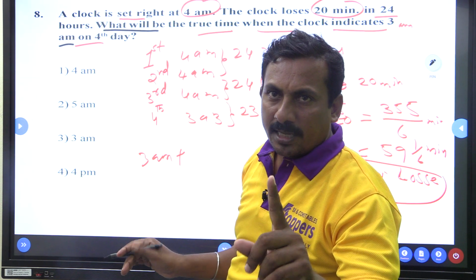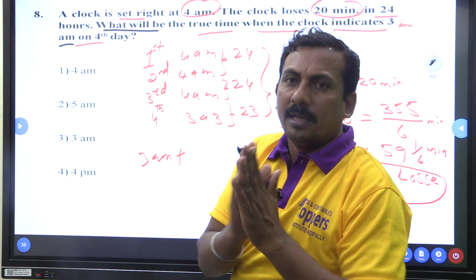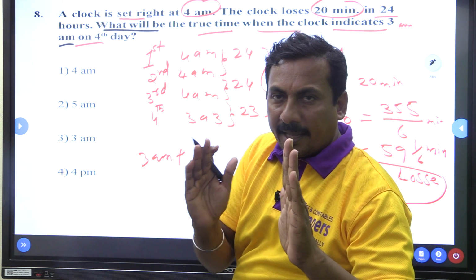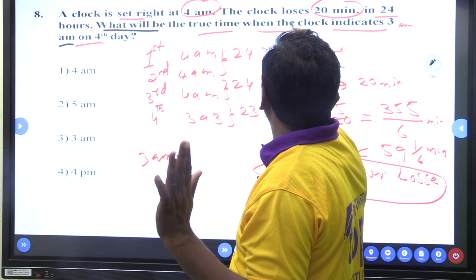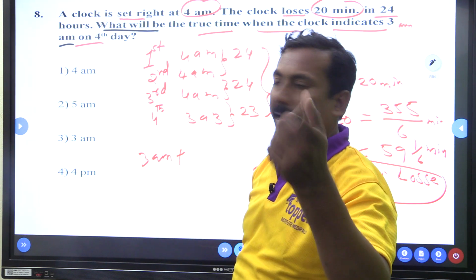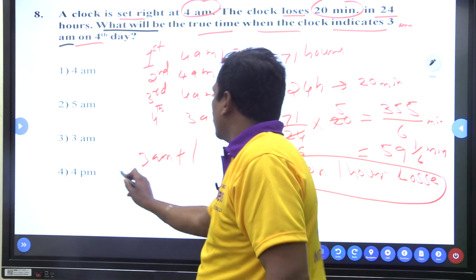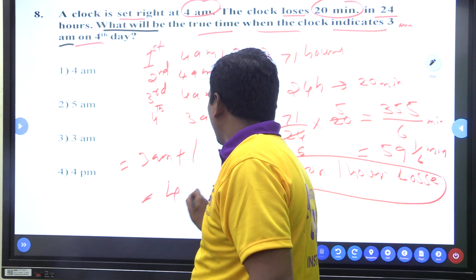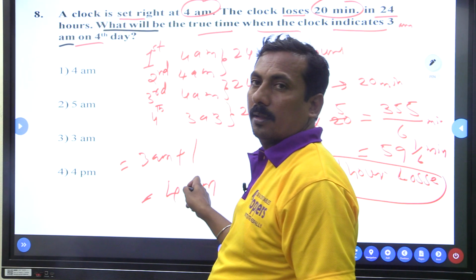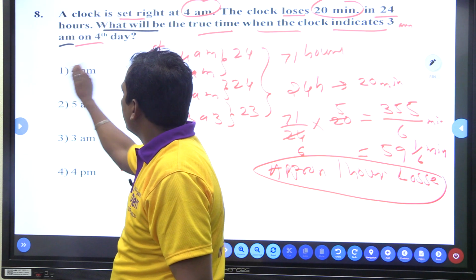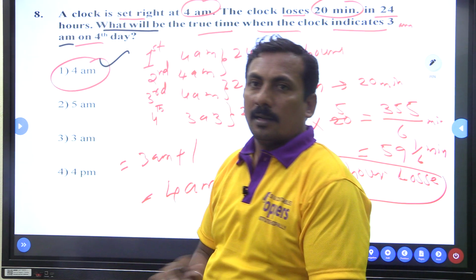If the watch gains, subtract it. The watch, as he says, loses. Loses means add. So 1 hour. So the correct time is 4 a.m. This is the answer. Clear?